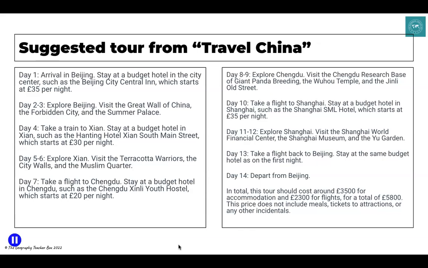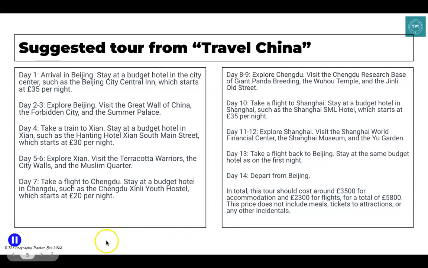So they're actually flying between the different locations. But that's going to cost them £2,300 for those flights, bringing it to a total of £5,800, which is over budget. And it doesn't include the cost of meals, tickets to attractions, or anything else they might want to buy while they're there. So clearly, although it's a starting point, it's by no means perfect.